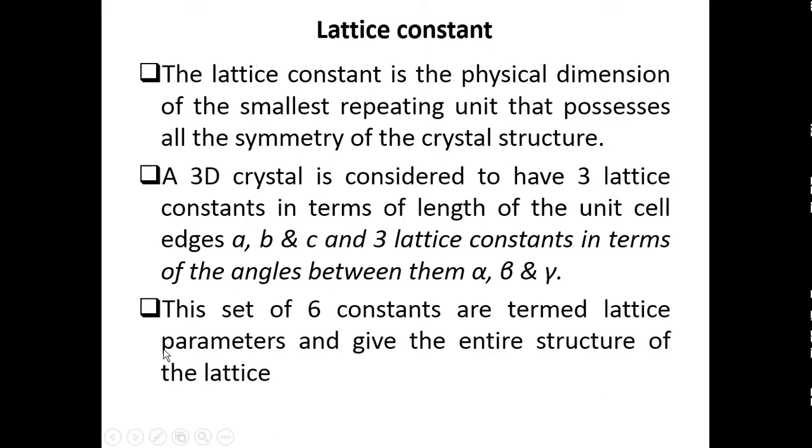So, for a lattice, these six constants, that is, three unit cell lengths along with the angles between them, are termed the lattice parameters of the solid materials, which give the entire structure of the lattice.